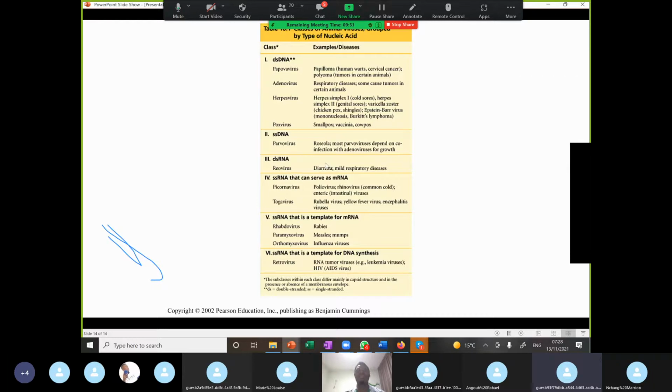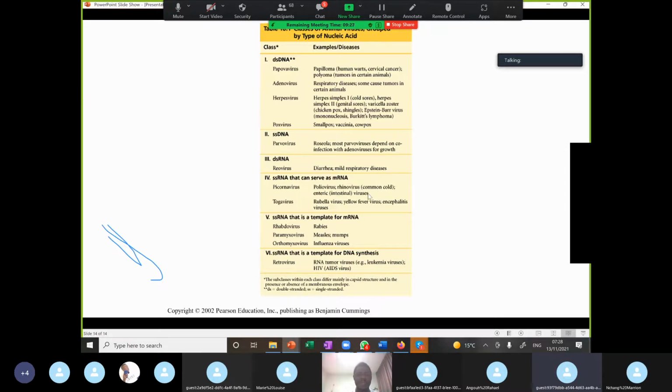The third classification is a viral particle having a double-stranded RNA. An example is the reovirus that causes diarrhea and other respiratory diseases.